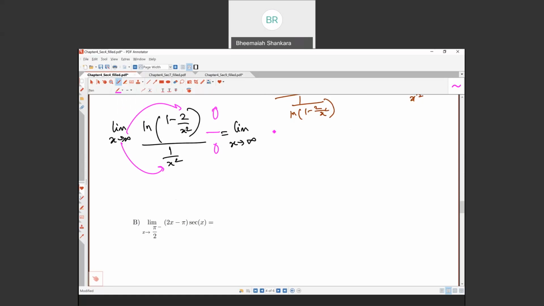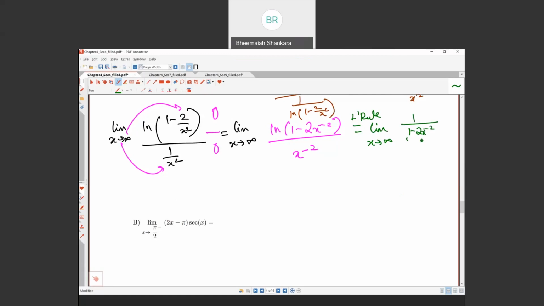So let me rewrite the function a little bit before I apply the rule. Let me write the numerator as ln of 1 minus 2x to the negative 2. Denominator is x to the negative 2. Now that we have rewritten it, let's apply L'Hopital's rule for this step, which means we want to differentiate the numerator, which is the differentiation of natural log of a function, 1 over the same natural log function.